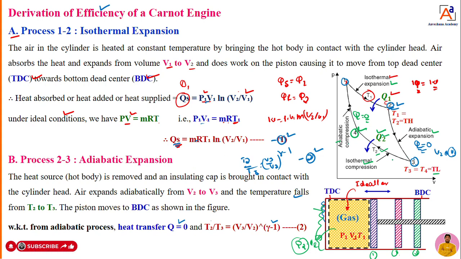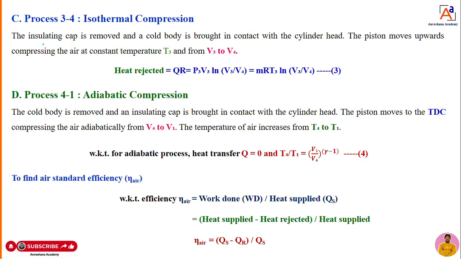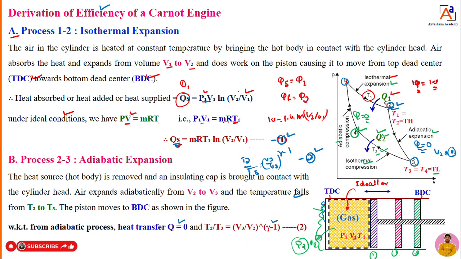Now adiabatic expansion is done. Now I will move towards the third one, 3 to 4. I will try to write the equations that we can see here now. What is the third one? Process 3 to 4, that is isothermal compression. So what is actually happening now? Volume is getting decreased, that we can see, dear students. In expansion, volume is getting increased, but during compression 3 to 4, the volume is getting decreased.